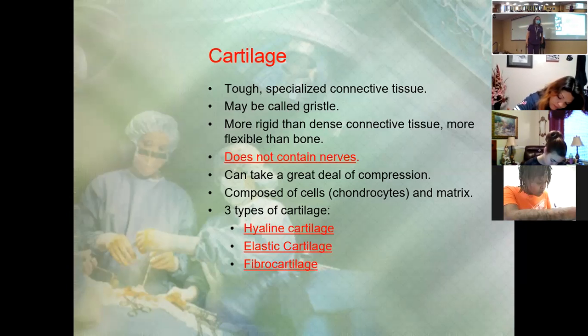We have cartilage primarily in our skeletal system on the epiphysis. So you guys have finished your skeletal system at this point. The epiphyses are the ends of the bones. And what that cartilage does is it helps to prevent the bone from rubbing directly on another bone. Gives it kind of a nice glassy surface to roll over.